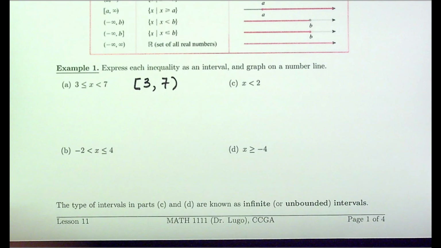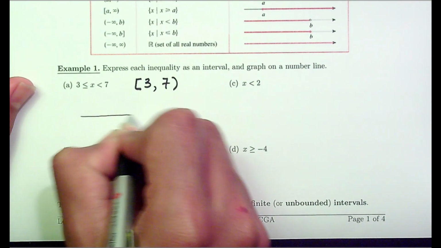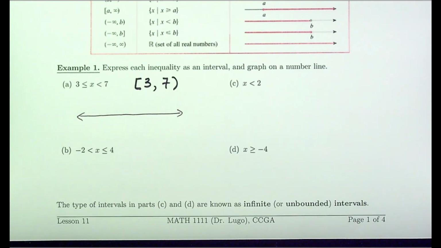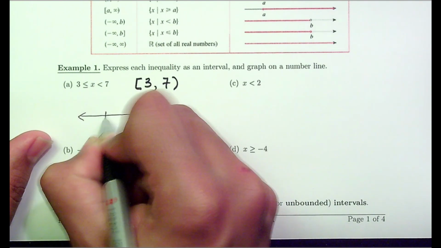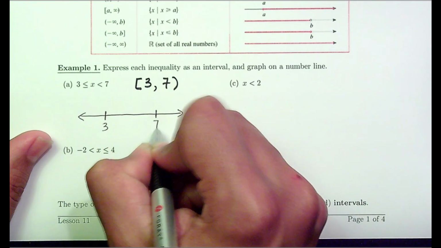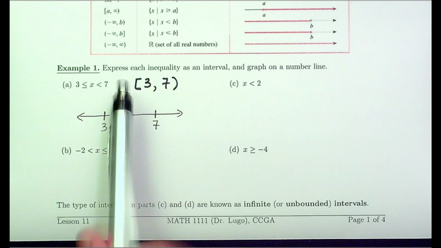well, you draw your real line, so I'm going to draw it here with a pen. You draw a real line, then you write the numbers 3 and 7 on the line. I recommend that you avoid the temptation of drawing any other tick marks that are not either of these numbers.